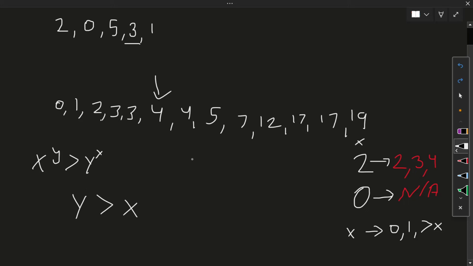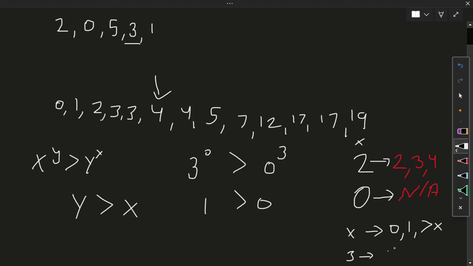But what about 0, 1, 2, 3? Let's check out. We have x as 3 and y as 0, and 1, so for 3 we have exception here.